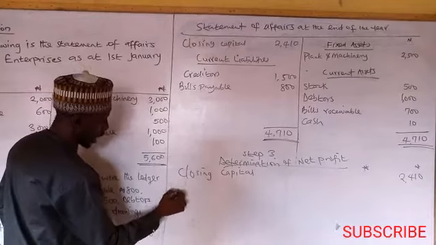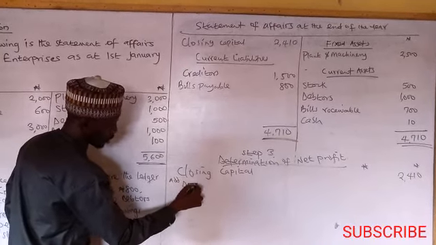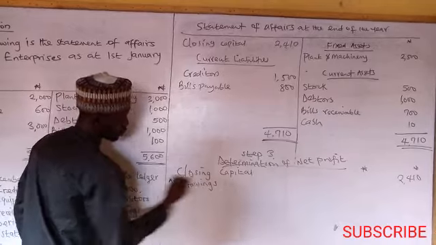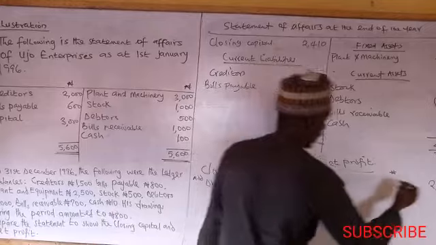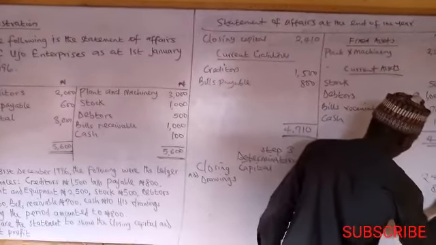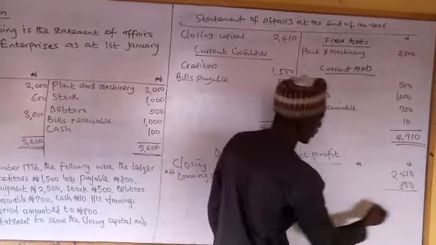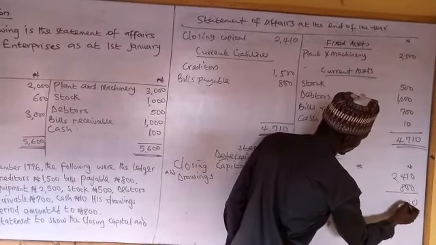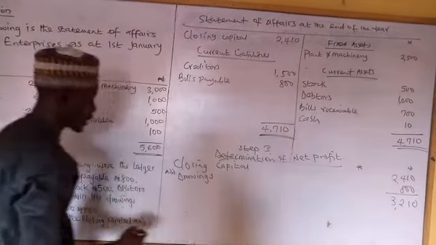You add drawings, because that is part of the money the person took away from his business. And our drawings here amount to 800 naira. If you add drawings to our closing capital, it gives you 3,210 naira.